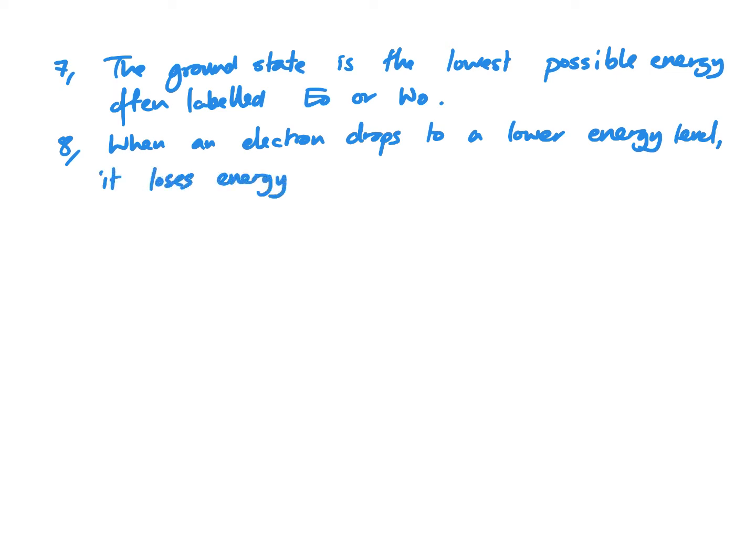But conservation of energy means that must go somewhere. So that is emitted in the form of a photon. An electromagnetic photon could be visible light, could be in other parts of the spectrum.